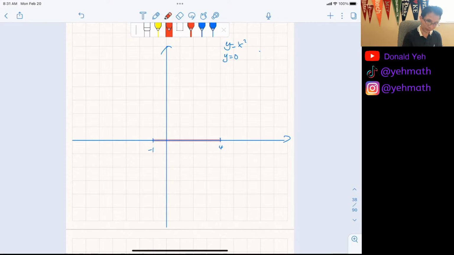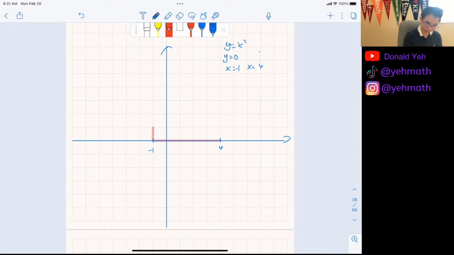Is that okay? And x equals -1 is going to be like this, and x equals 4 is like this.